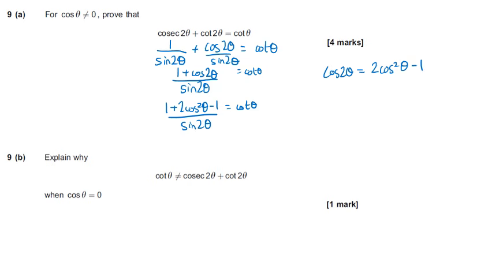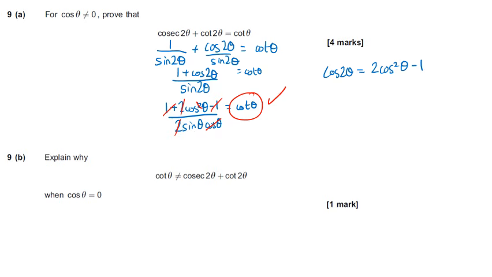Sorry, what I'll also do is instead of writing sine 2 theta there, I'll use the double angle formula for sine as well. So it's 2 sine theta cos theta. So let's do some simplifying. So the 1's cancel, then the 2's cancel, and then 1 cosine cancels top and bottom. So I'm just left with cos theta over sine theta, which is cot theta. So that would be proof finished.